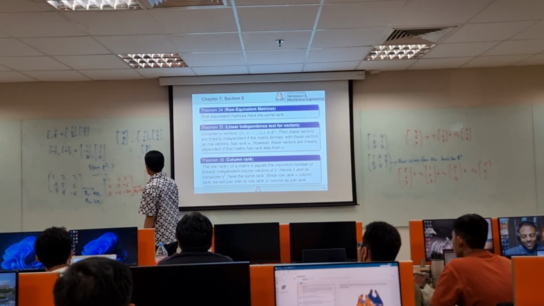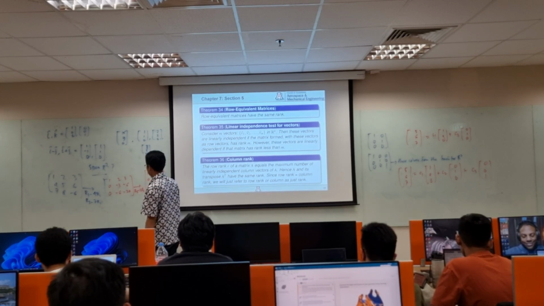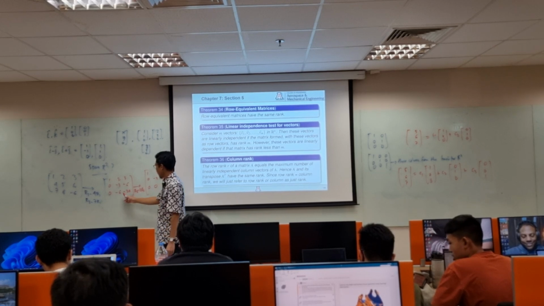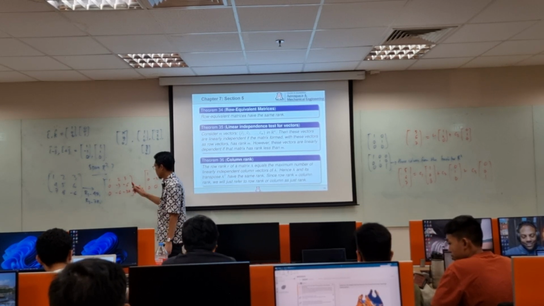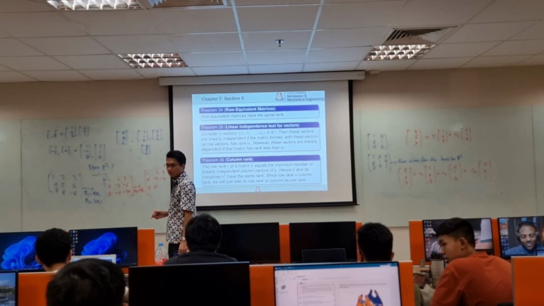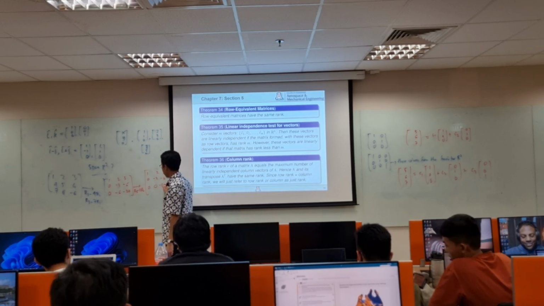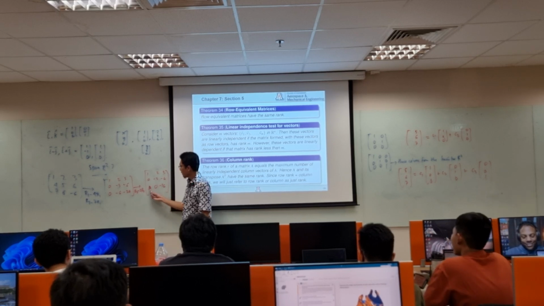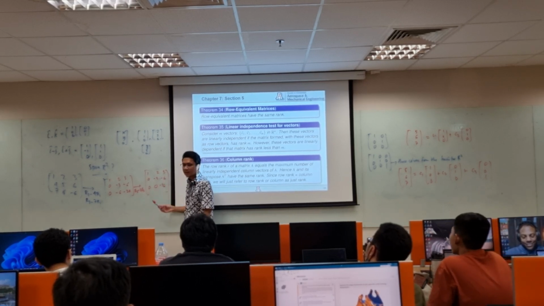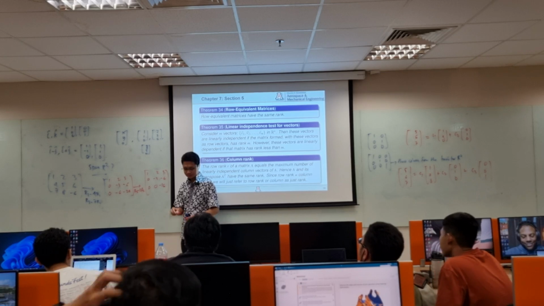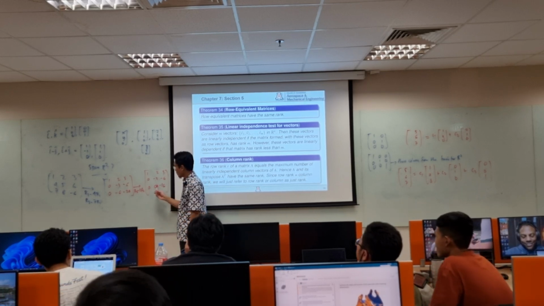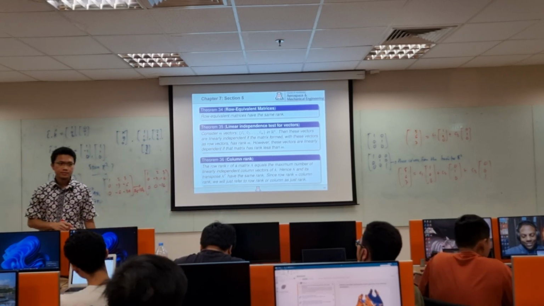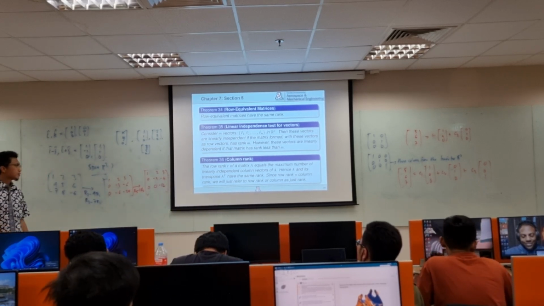So we have 1, 2, 3. 0, minus 3, minus 6. This becomes 0, 0. Minus 28 plus 12 is minus 16, then 16 minus 16. Now we can clearly see that this one, that one, and that one are linearly independent. There are no zero rows. So the rank is 3.